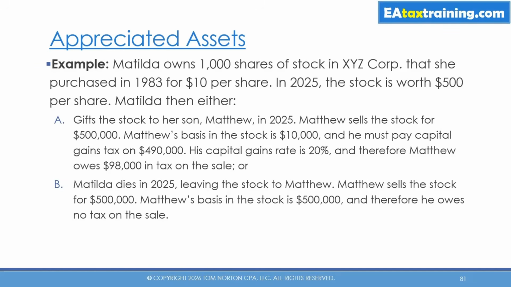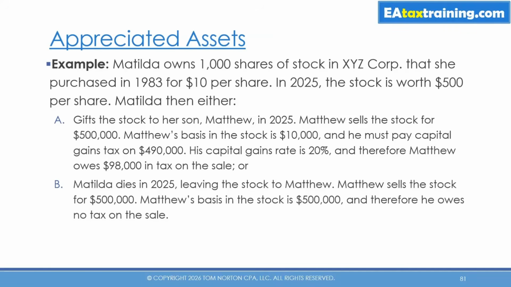Matilda owns 1,000 shares of stock in XYZ Corp that she purchased in 1983 for $10 per share. In 2025, the stock is worth $500 per share. Matilda then either A, gifts the stock to her son Matthew in 2025. Matthew then sells the stocks for $500,000. His basis is $10,000, and he must pay capital gains tax on $490,000.